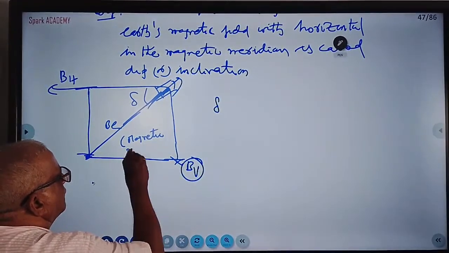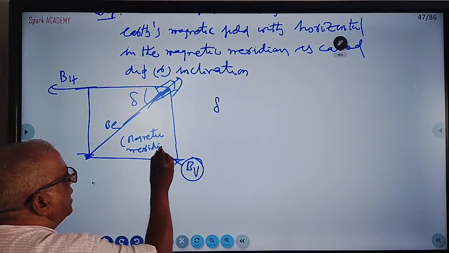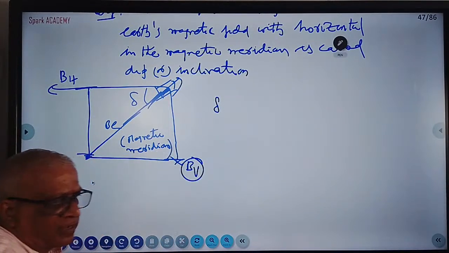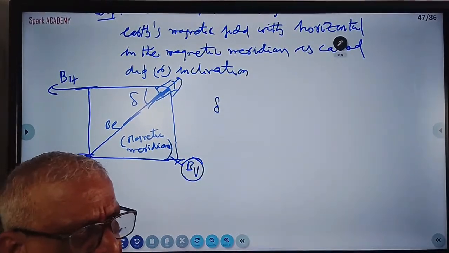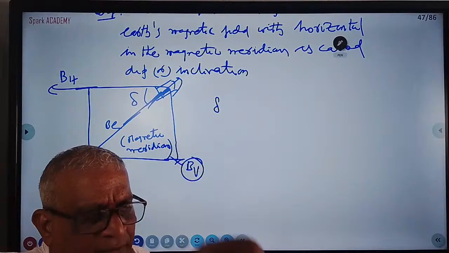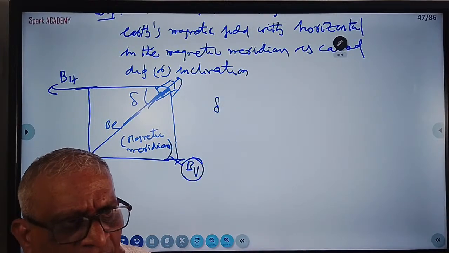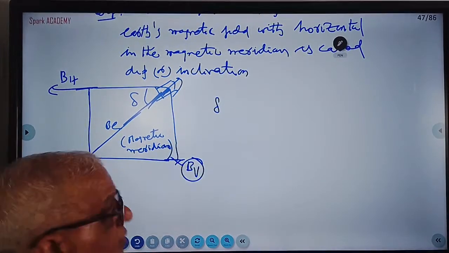Magnetic meridian means the vertical plane containing the magnetic axis. What is magnetic meridian? A freely suspended magnet comes to the north-south direction. The vertical plane containing the magnetic axis is called the magnetic meridian.